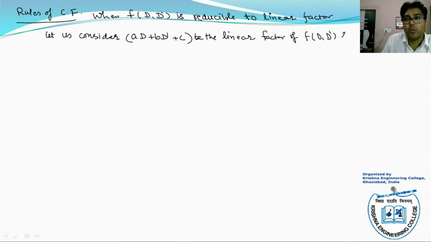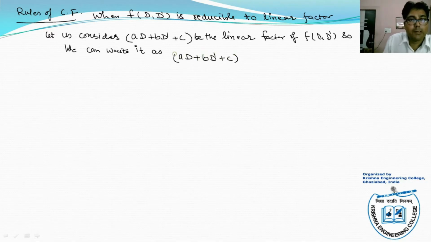So we can write it as (aD + bD' + c)z = 0.